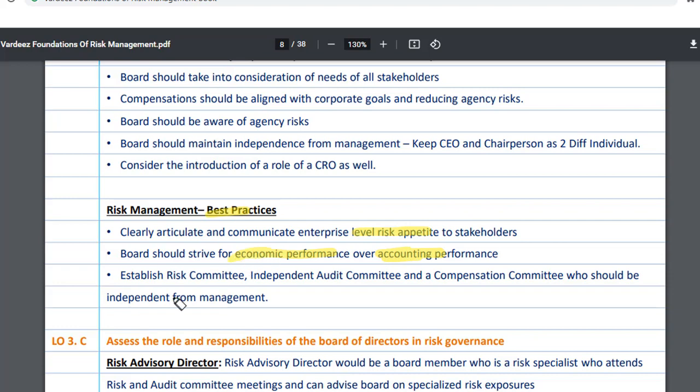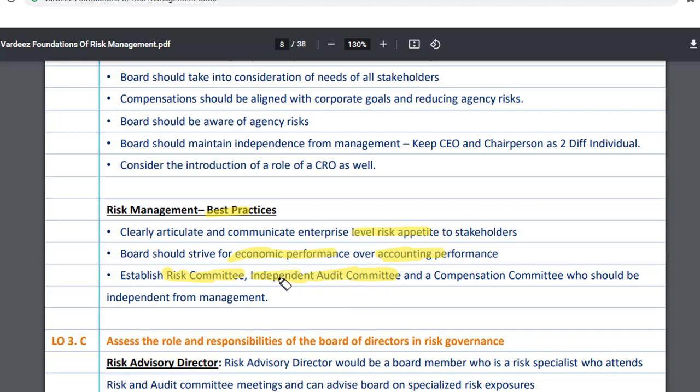So the true position of a company always matters. And then finally, establish a risk committee. A risk committee is a subset of the board. Also have an independent audit committee. We're going to be talking about the audit committee as well.